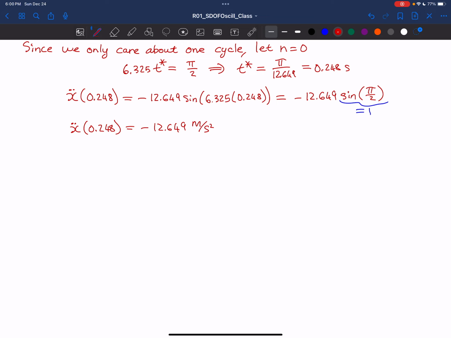However, in this case, we have technically the minimum acceleration. So what we're going to do is instead try n equals 1. So let's say that this is the minimum acceleration. Let's try n equals 1.